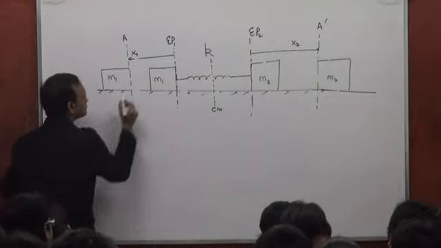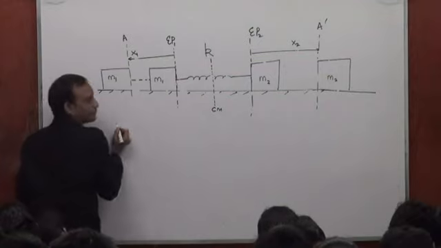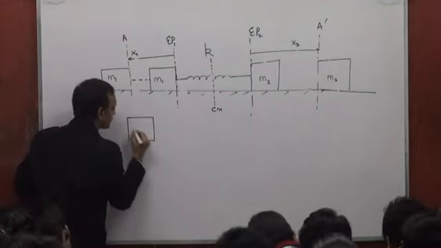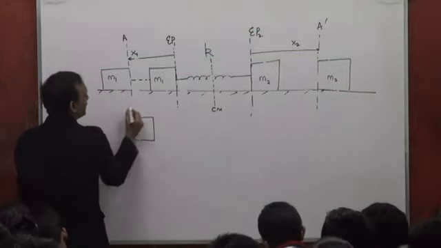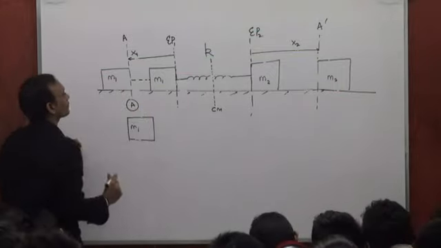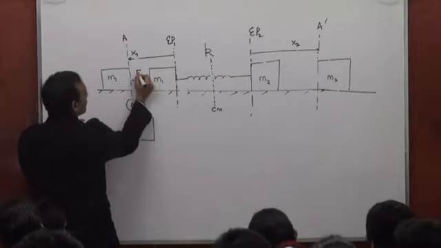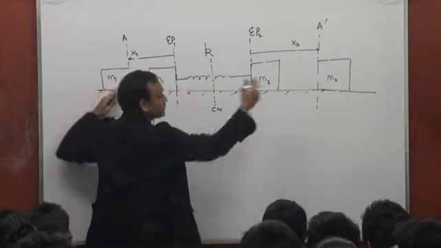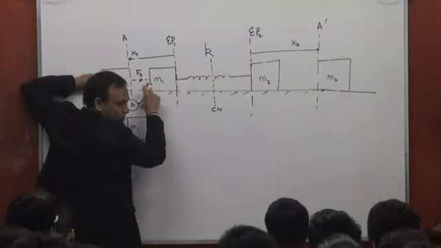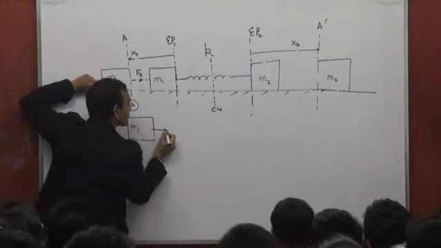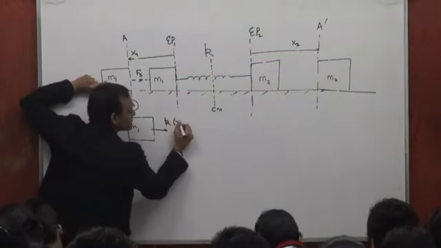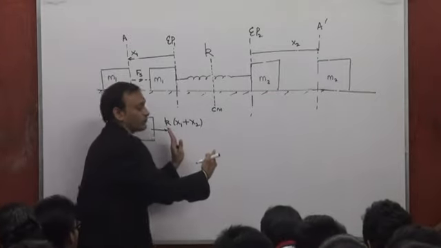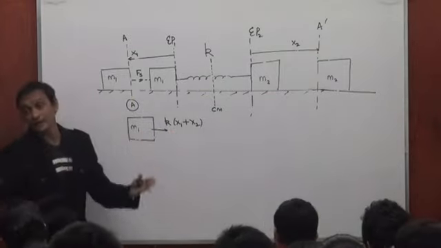So then, let me see what happens to M1. This is M1. While in state A, the spring will exert a force Fs because the spring is elongated. So the spring will exert on M1 a force in this direction, and it's going to be K times (x1 plus x2), x1 plus x2 being the elongation. The spring exerts a force on M1 in this direction, yes or no?